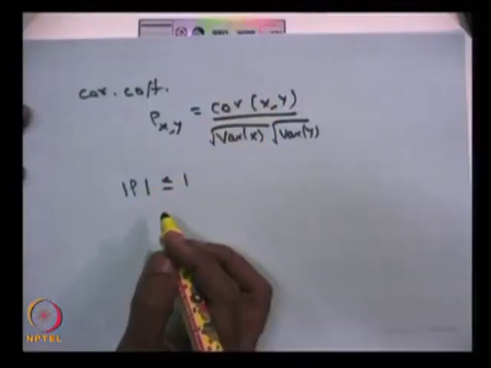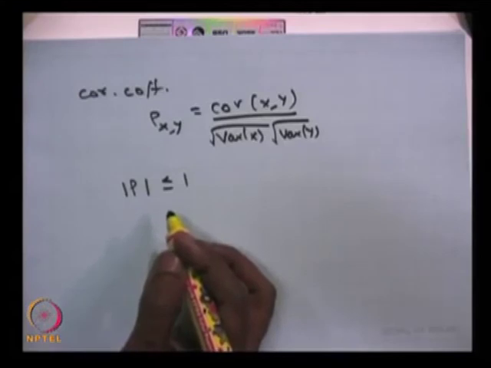And if the value is positive 1 or minus 1, then you can conclude the random variables x and y are linearly correlated, positively or negatively based on the sign. So other than the values minus 1 and 1, you cannot conclude the relation between the random variables. Only if it is 1 or minus 1 can you conclude the random variables are correlated in a linear way.